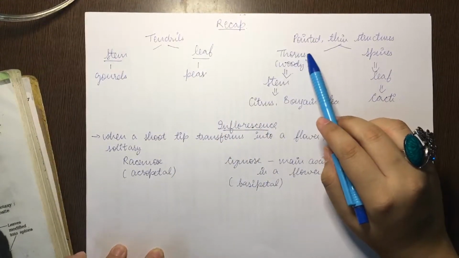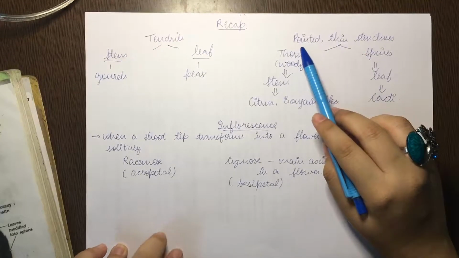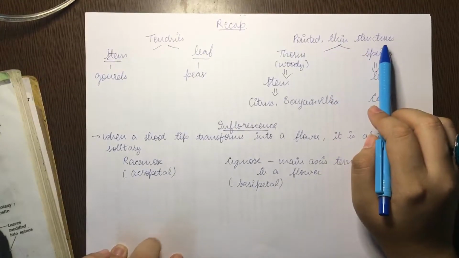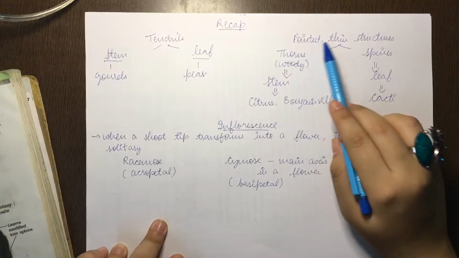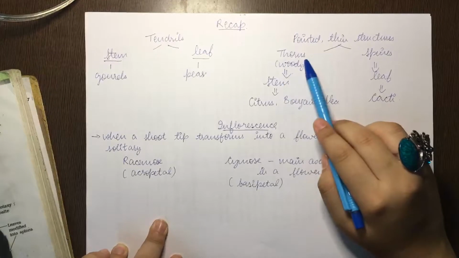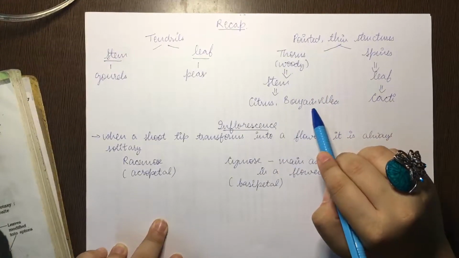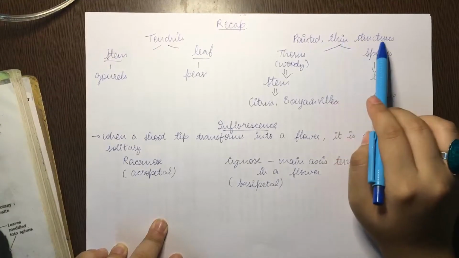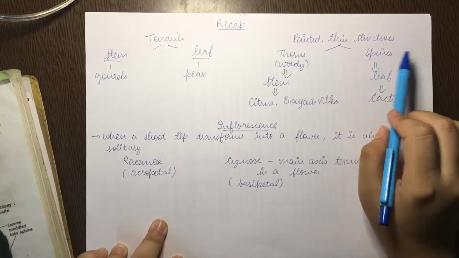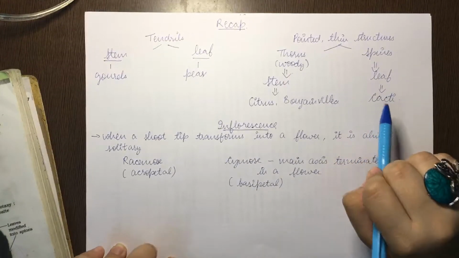Also there is a difference between thorns and spines. When a stem is modified into a pointed thin structure, it is a thorn and it is often woody. An example is citrus and bougainvillea. And when a leaf is modified into such a structure, it is a modification of a spine, and the example is cactus.